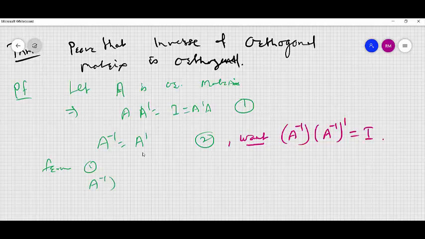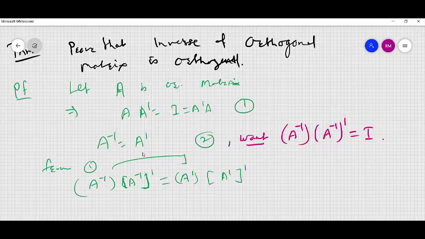A inverse into A inverse transpose, that is equal to, substituting the values from these two: A inverse is nothing but A dash, and A inverse transpose, if you make the square bracket, is A dash dash.